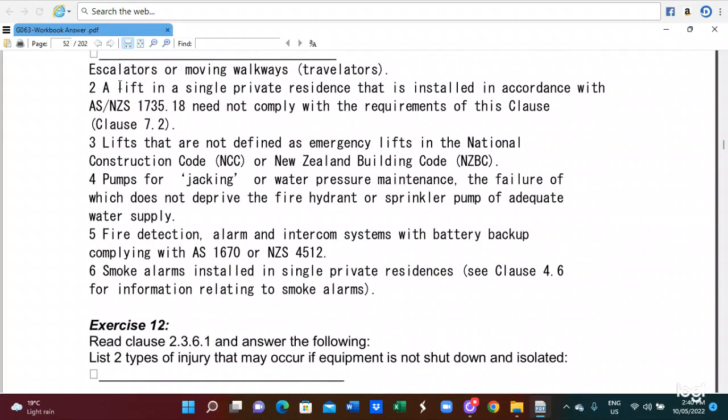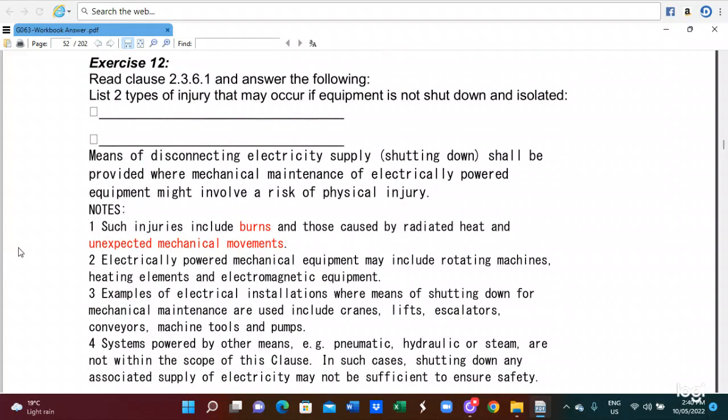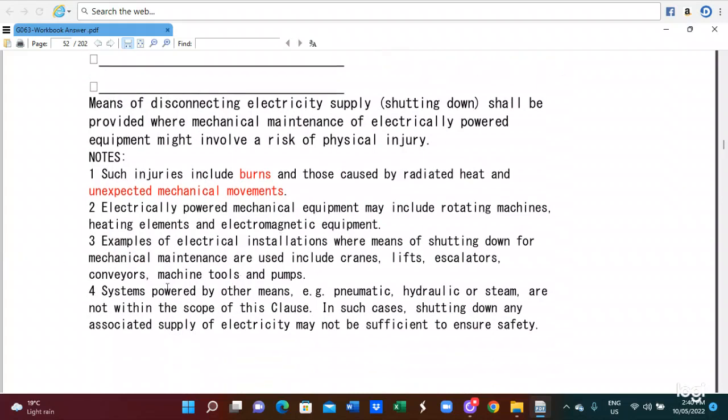So these are escalators, moving walkways, travelators, and travel escalators. This is what is mentioned, and you also do those exercises. For the type of injury that can occur in this case, there can be electric burns or unexpected mechanical movement.